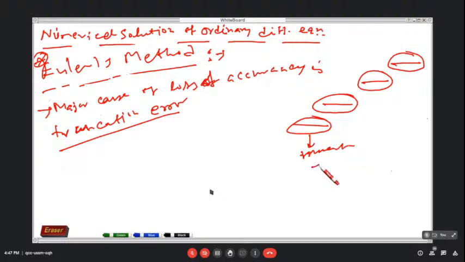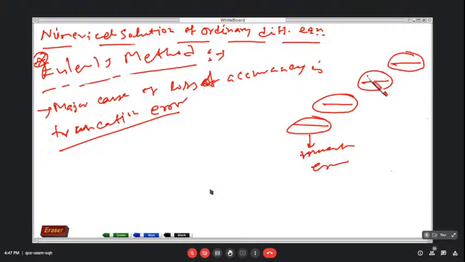So that means this truncation error will be propagated to the other steps, right? So whatever mistakes you are doing here, you are actually making more mistakes here, and then more, something like that.